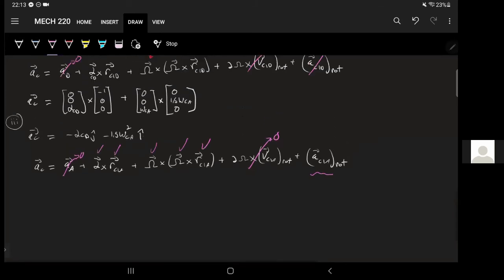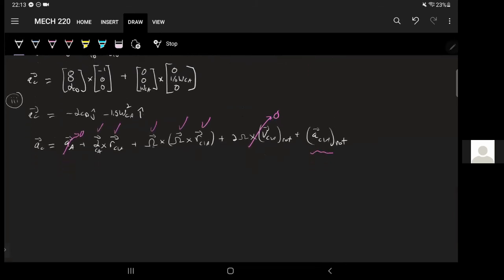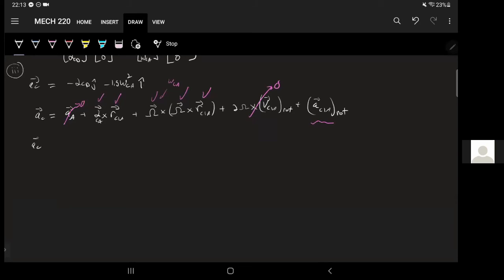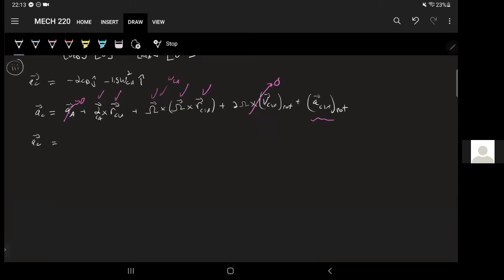Because this is alpha CA, and this again is omega CA, the one that's given in the problem. So we know that AC is going to be equal to 0, 0, alpha CA cross 1.5, 0, 0, plus 0, 0, omega CA.